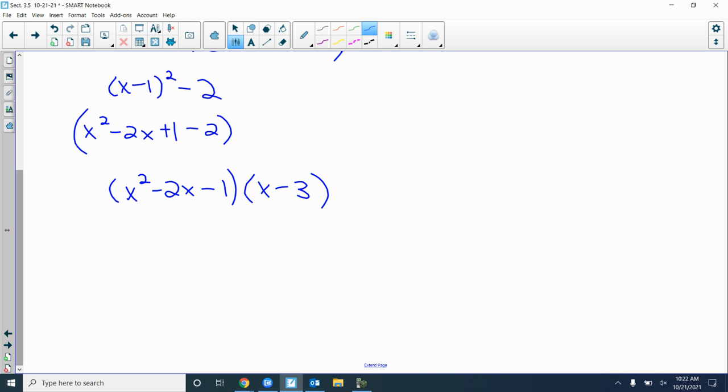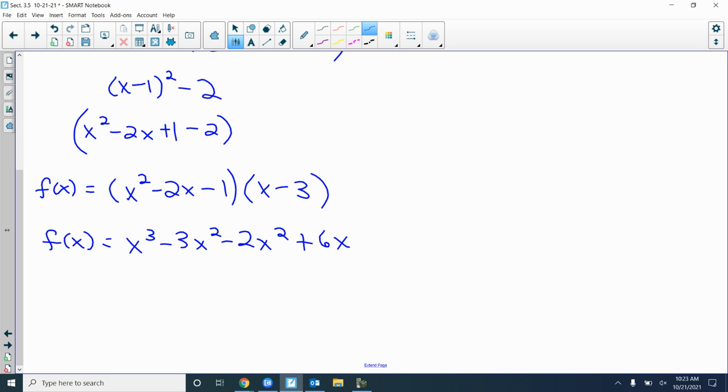expanded form. So when I do that, f of x equals x cubed minus 3x squared minus 2x squared plus 6x minus x plus 3. And then we end up with x cubed minus 5x squared, 6 minus 1 gives me plus 5x plus 3.